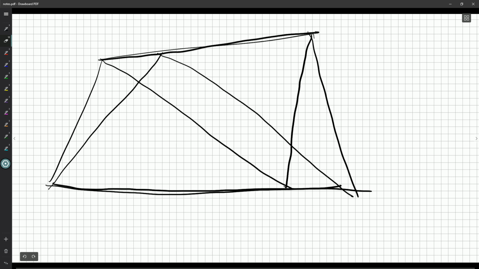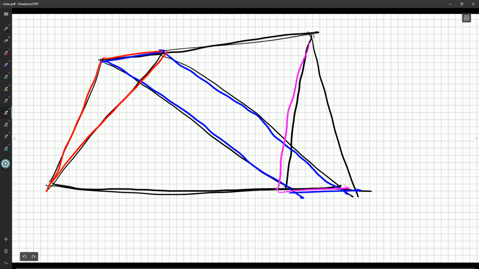What else could we do? Well, one thing we could do is we could try and show that this quadrilateral in here is the same as this shape, this triangle here, and this triangle here. Because, well, what do they have in common?